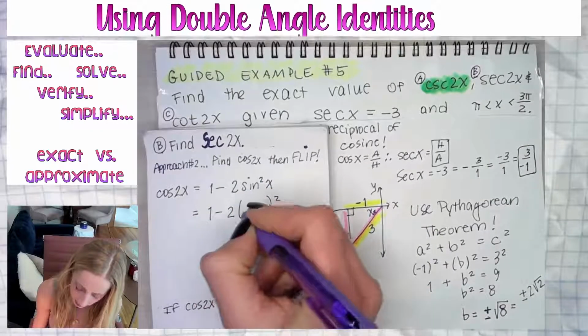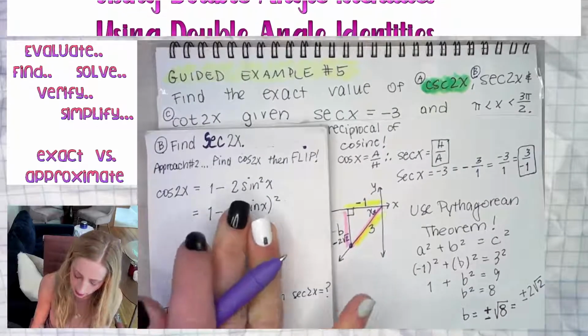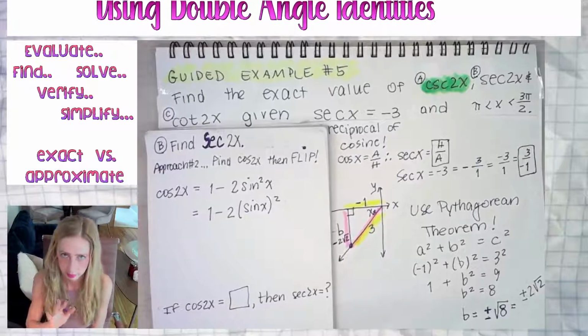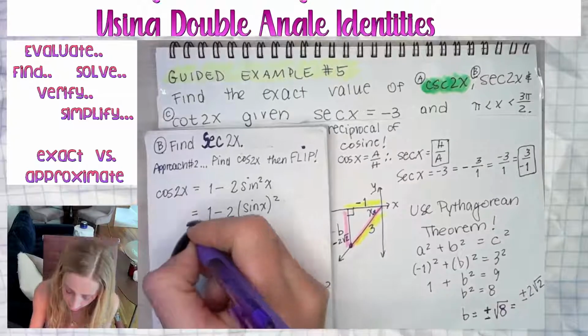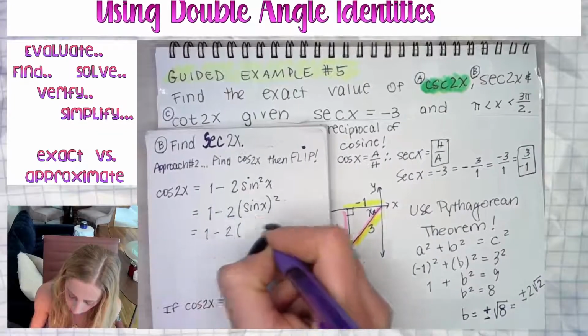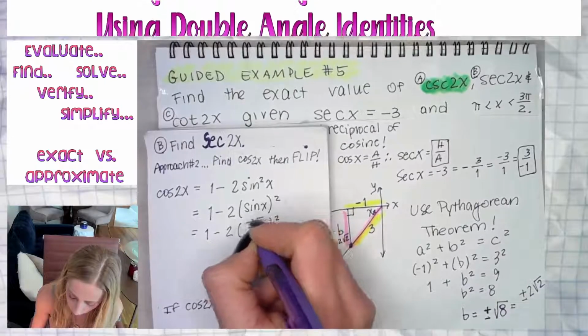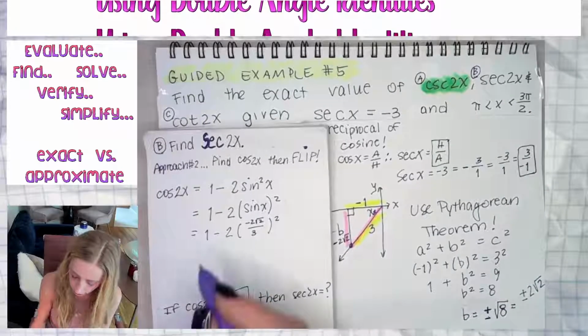I'm going to show this step again, I know I've shown it already. Sine squared x means the sine of x, squared. Replay that if you have to, rewind a little bit, listen again. So now 1 minus 2 times opposite over hypotenuse squared, which is negative 2 root 2 over 3, and a negative squared is positive.